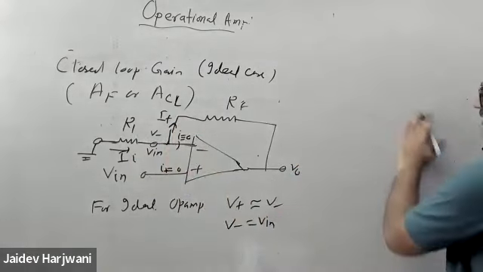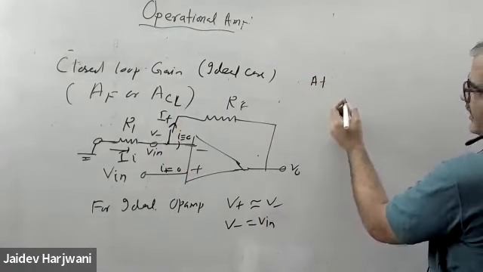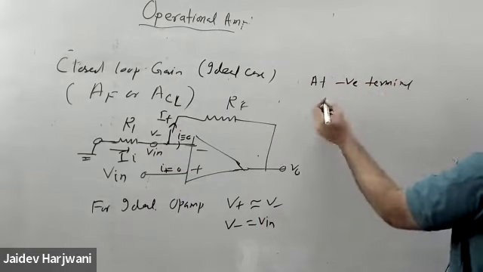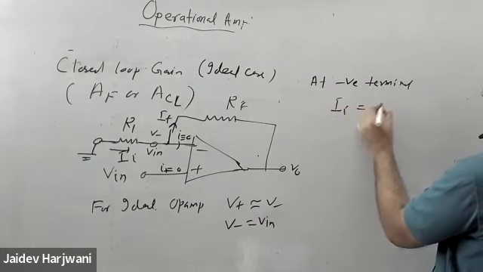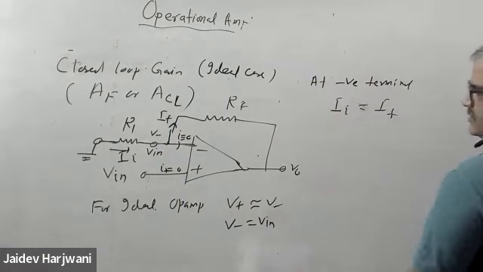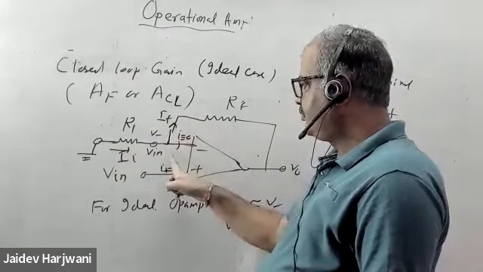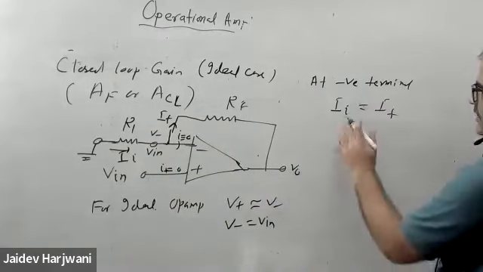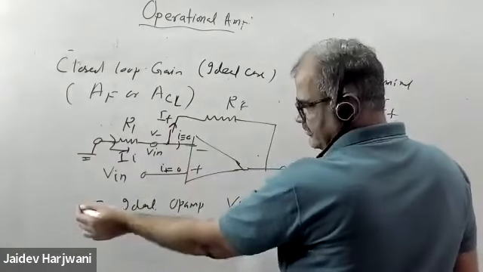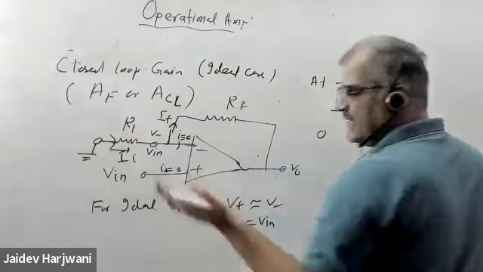So if I write the nodal analysis at the minus terminal, I can write I input equals IF, because the current coming from here is only going here. If I'm putting the sign like this, you can put the sign opposite also. It is your choice, because sign doesn't matter for nodal analysis.